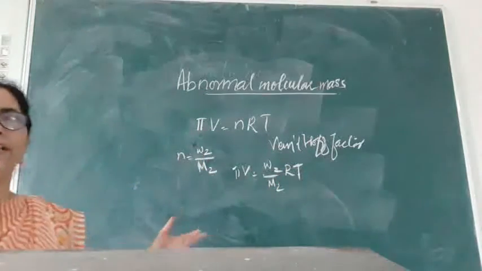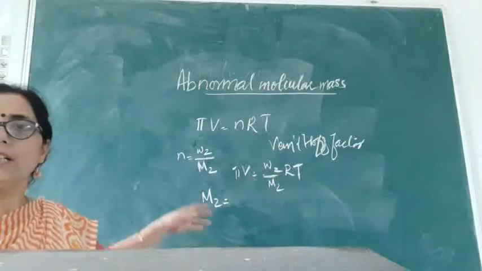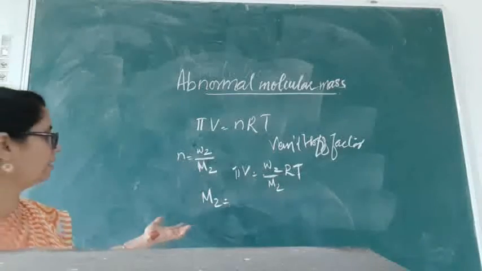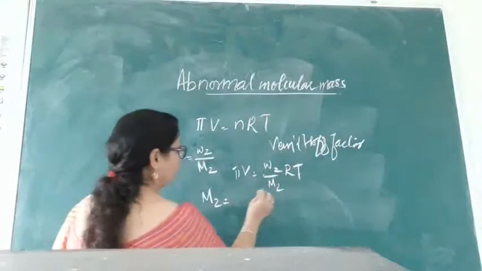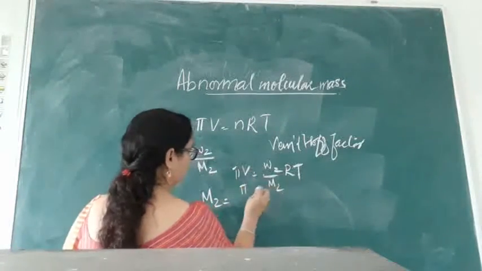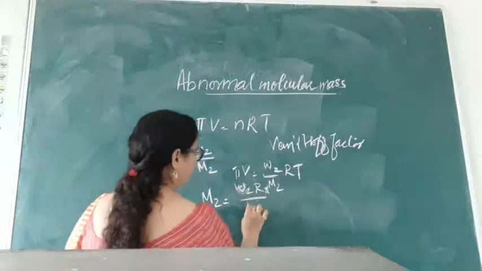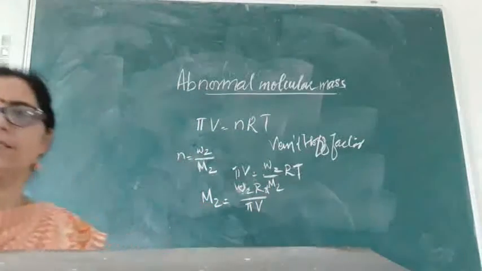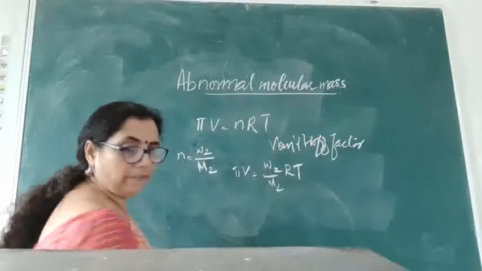So we will get pi V is equal to W2 by M2 RT. In that way, we have to find M2, that is the molar mass of the component that is present here. So that will be equal to W2 RT by pi V. Okay. So this I will write down again, as this is not written very neatly.